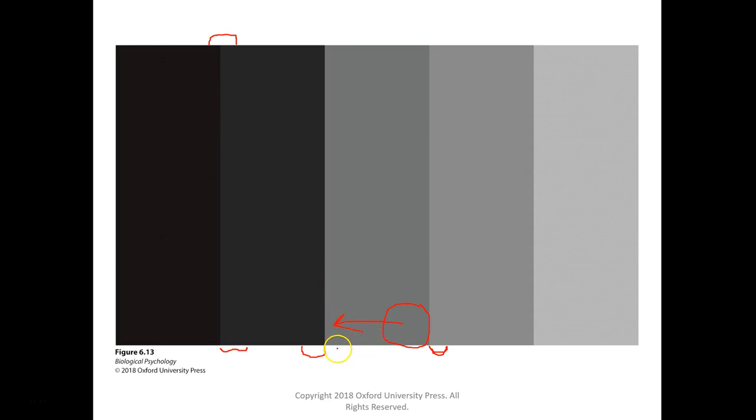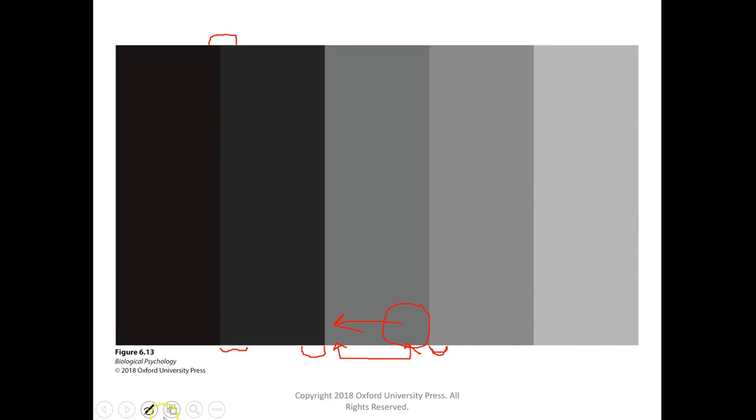So what the brain perceives is a difference in shading between these two areas when there really isn't one, but that's largely because of how the horizontal cells are inhibiting one area of the bipolar cells compared to the other. So if you don't get this, totally fine.